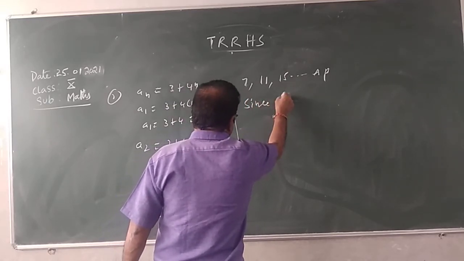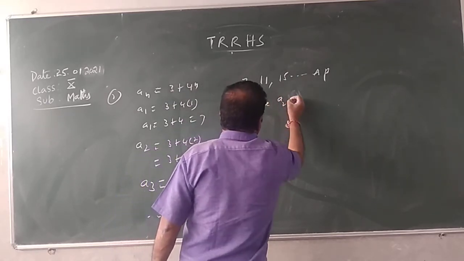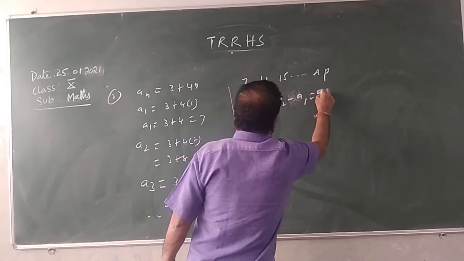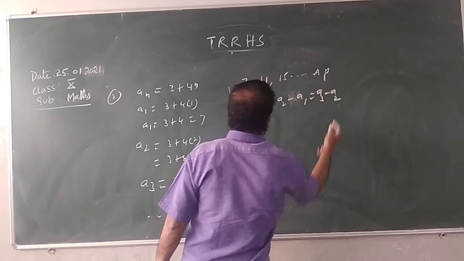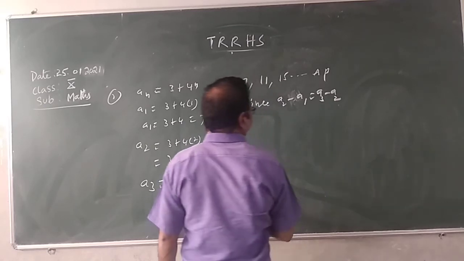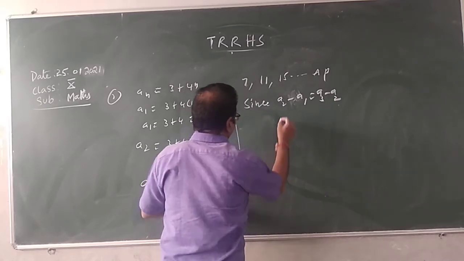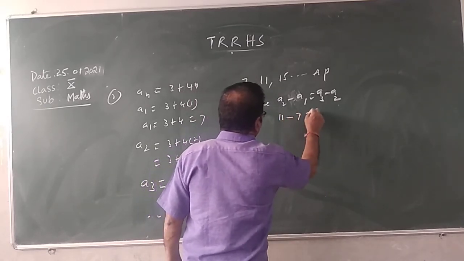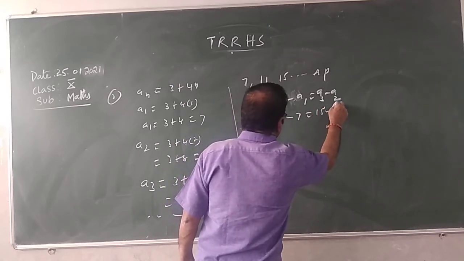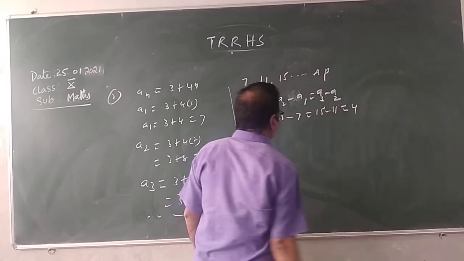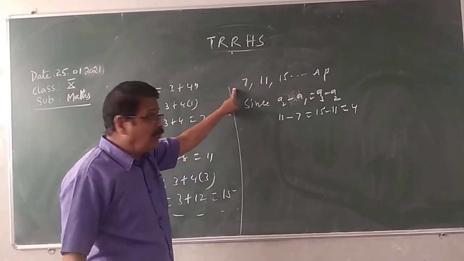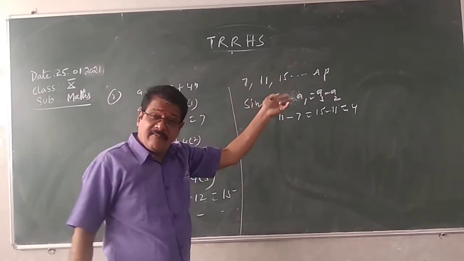Why is it in AP? Since A2 minus A1 is equal to A3 minus A2. A2 is 11 minus 7, which is equal to 15 minus 11, which is equal to 4. The common difference is the same: 11 minus 7 is 4, and 15 minus 11 is 4.